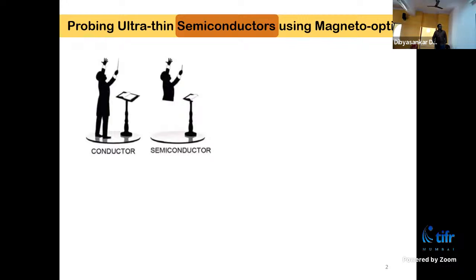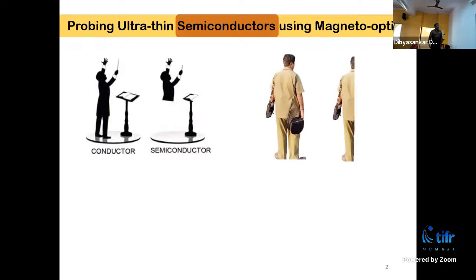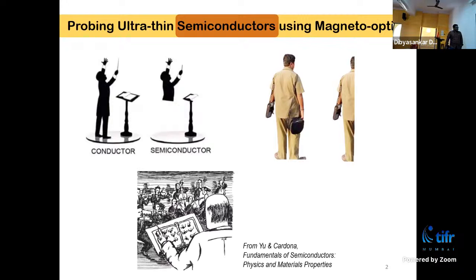If I want to place it in the Mumbai context, so this is a bus conductor, and this is a bus semiconductor, maybe. But if you think that I'm cracking a joke, then it is a very poor joke, but I can assure you that there is a very famous book in our field, Fundamentals of Semiconductors: Physics and Materials Properties, written by two giants of this field, Yu and Cardona.